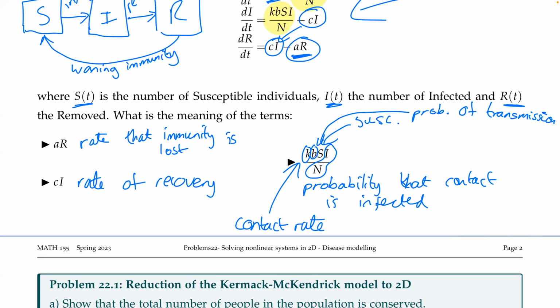So we can break this term down here. Ultimately, this comes down to be our infection rate, the rate at which new infections are being produced.